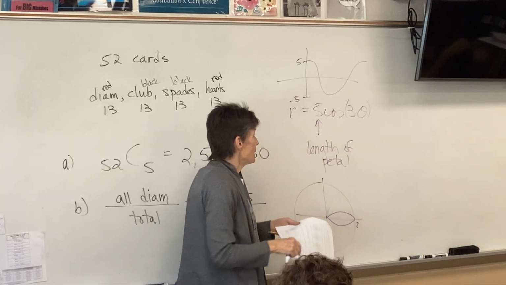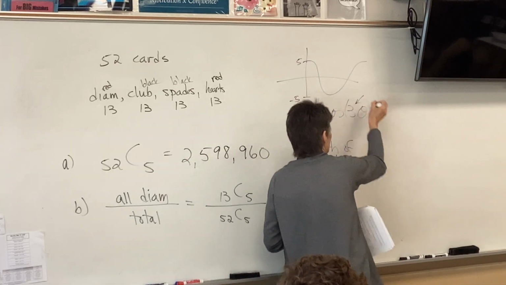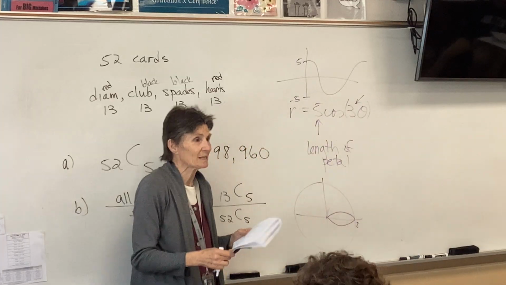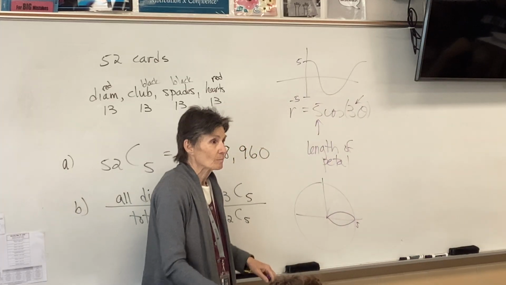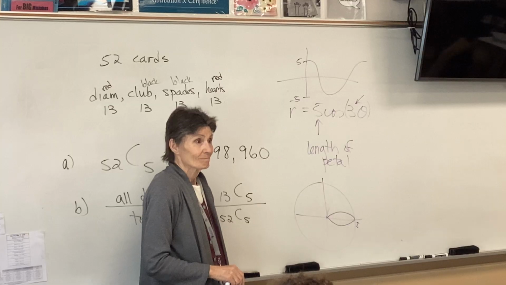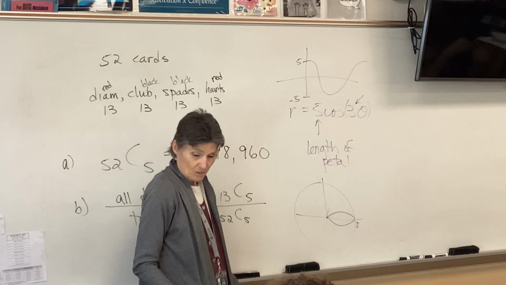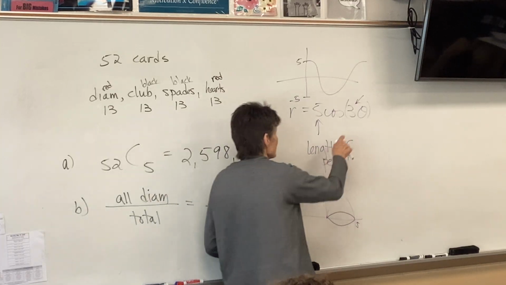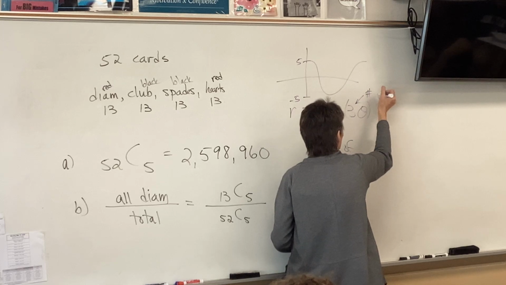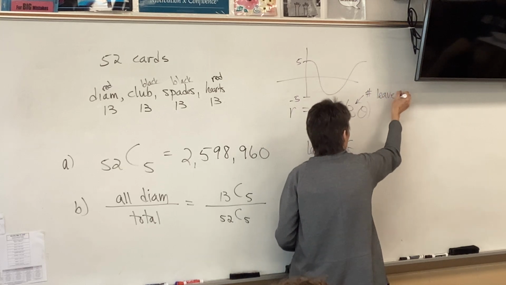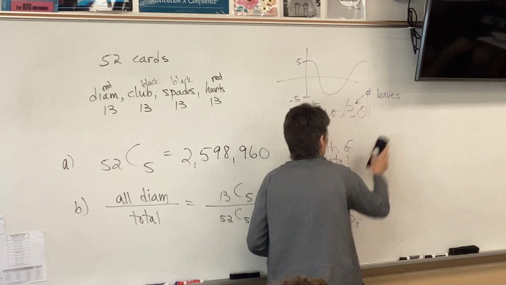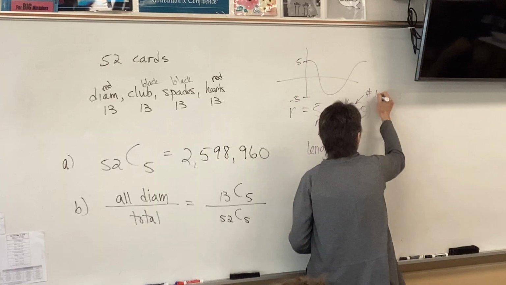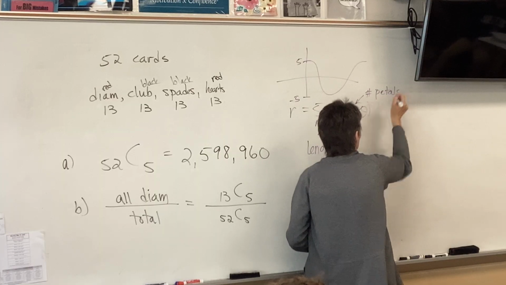All right? Then what did this guy seem to control? What did he have to do with anything? If it was odd, then it was the number of petals, and if it was even, then it was 1/2 the number of petals. So there we go. This controls the number of leaves, or the number of petals. I guess I used petals.